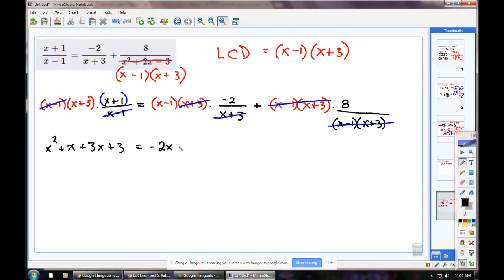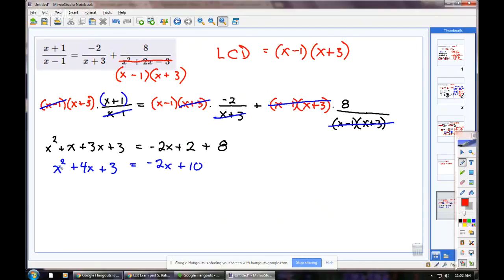Negative times a negative is plus 2. And the last part, I have just a plus 8. Cleaning this up a bit, we get x squared plus 4x plus 3 equals negative 2x plus 10.